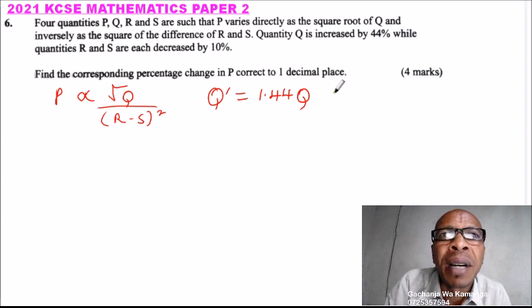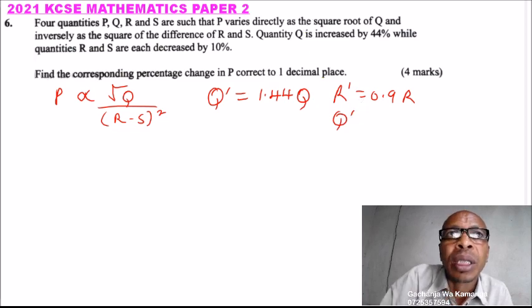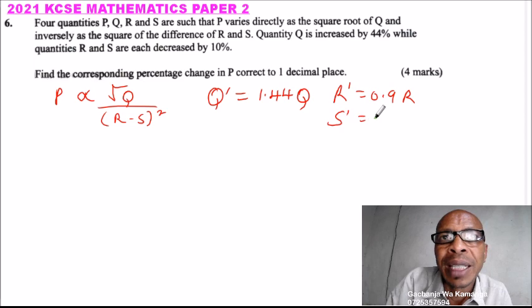Then we have R. The new R is decreased by 10%, so it is 0.9 of the old R, and the new S is equal to 0.9 of the old S.